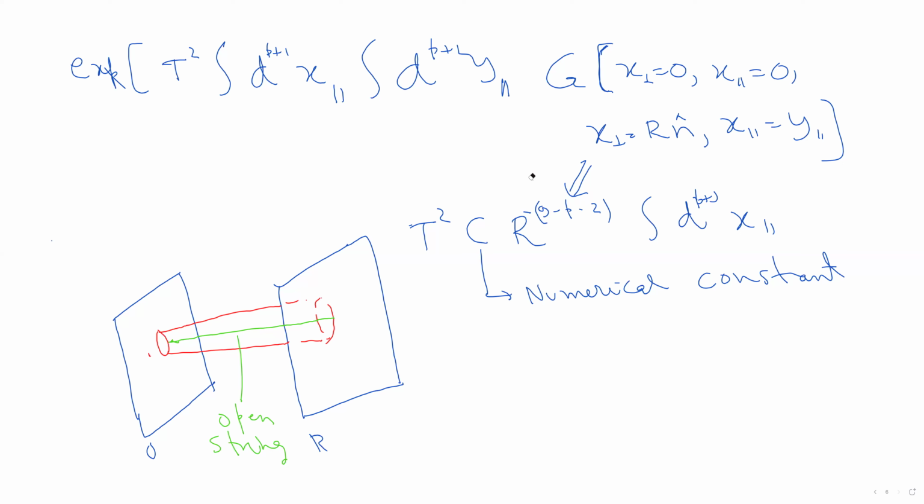An open string is when you think of this as the direction in which the string is propagating. There was the open string to start with between these. The same diagram, the closed string exchange diagram, can also be thought of as an open string loop diagram. This one emitted a closed string, it propagated, and it was absorbed.